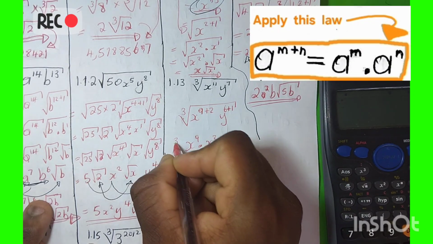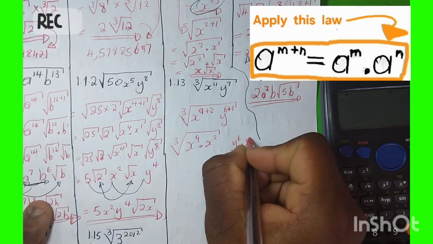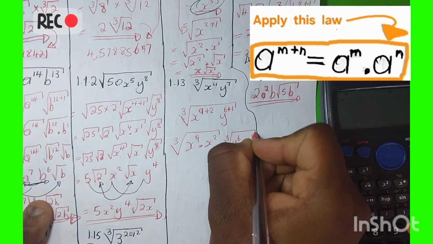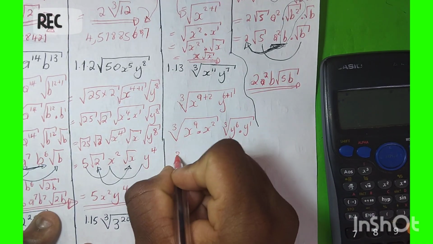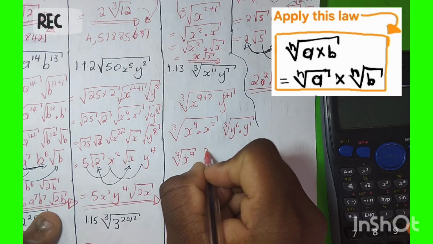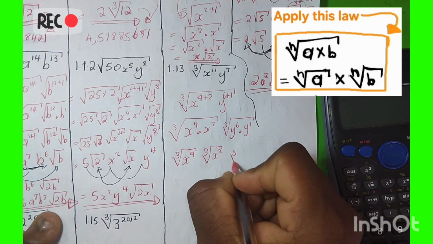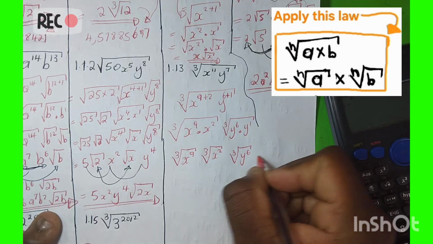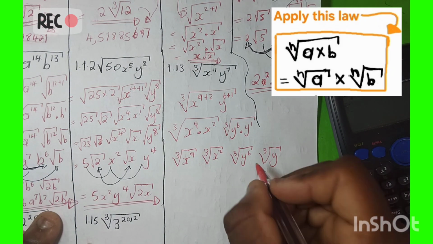So it's x to the 9, x squared, dot, and on this side it's y to the 6, y to the 1, cube. Do you see? Now this is what I will do: 3 times 3 is 9, and here it's 3 times 2, which is 3 y to the 6, and here it's 3 y to the 1.